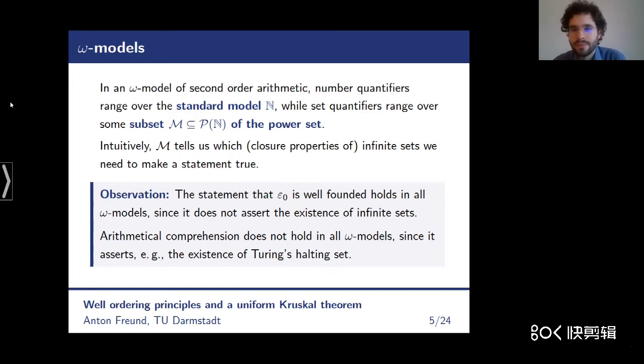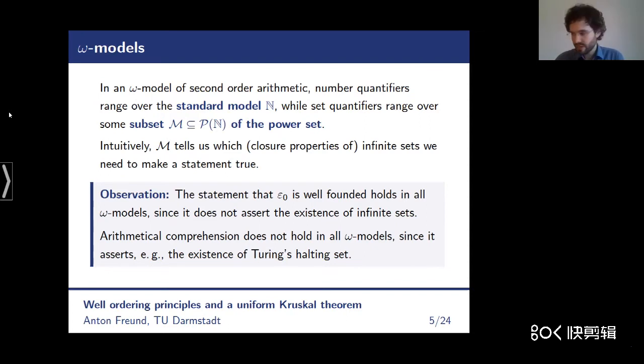So if you have a statement of second order arithmetic, then you can evaluate whether it holds in an omega model. And if it holds, then this omega model M would have all the infinite sets that are necessary to make this statement true. And maybe it's even better to say that it doesn't tell you which infinite sets we need, but it tells us which closure properties of infinite sets we need.